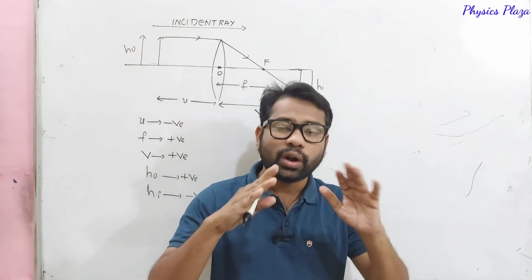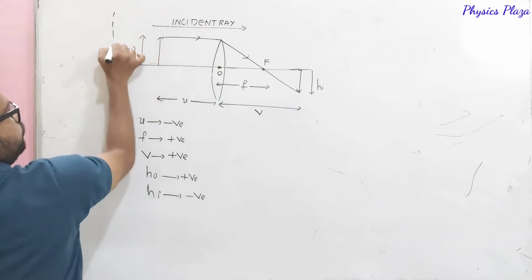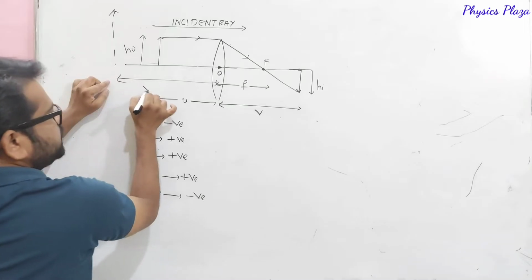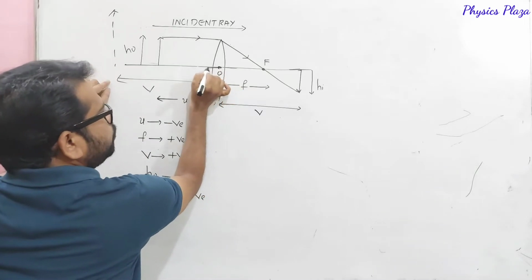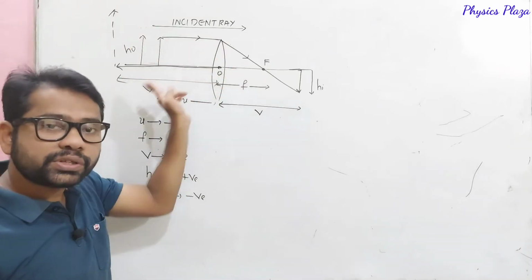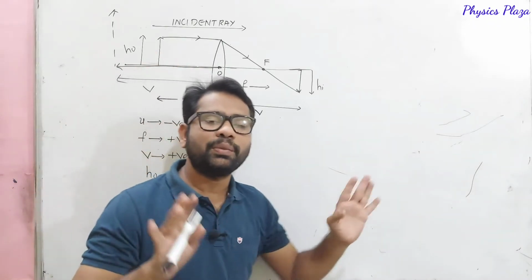Children, whatever the case, suppose the image is formed somewhere else here with the convex lens. This will be the image distance. We start from the optic center and move towards the image. Are we going in the direction of the incident ray or opposite? Opposite direction. So that time the image distance will become negative.